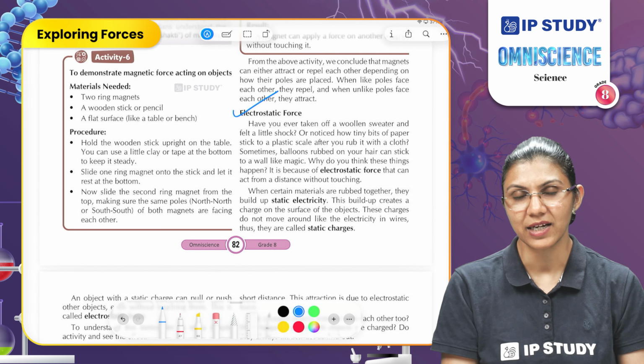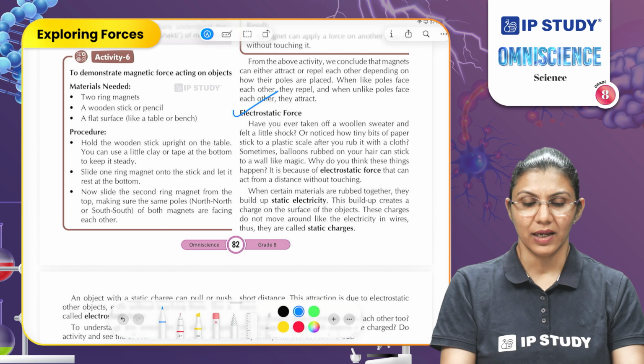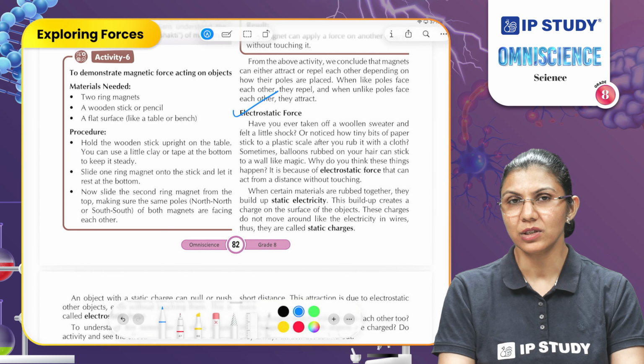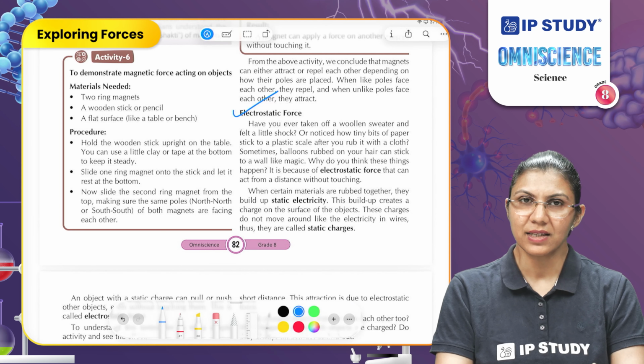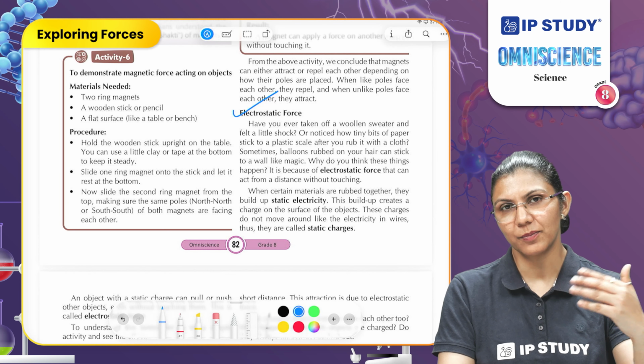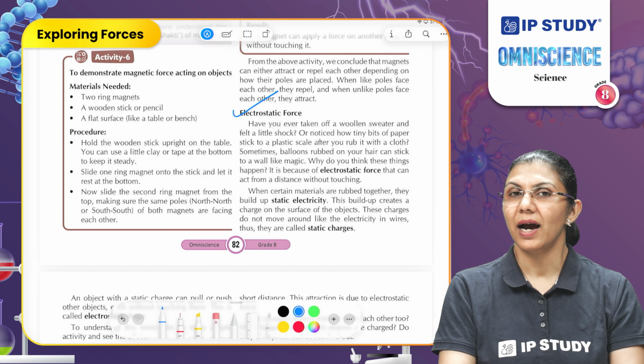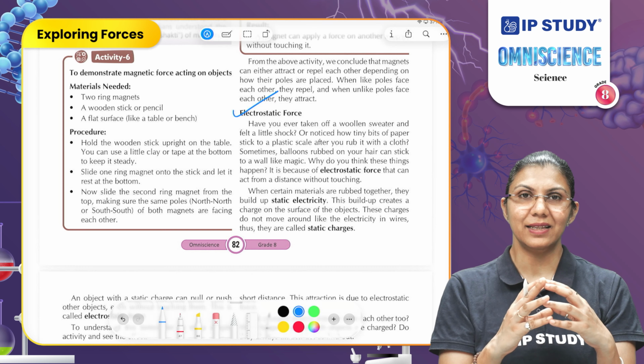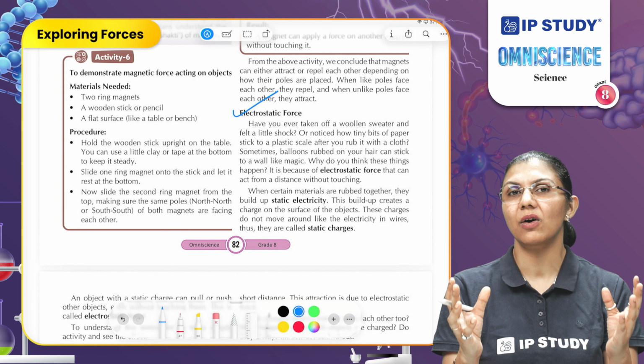Next is electrostatic force. Electrostatic force is produced when surfaces are rubbed, then charges are produced on these surfaces, and these charges either attract or repel.